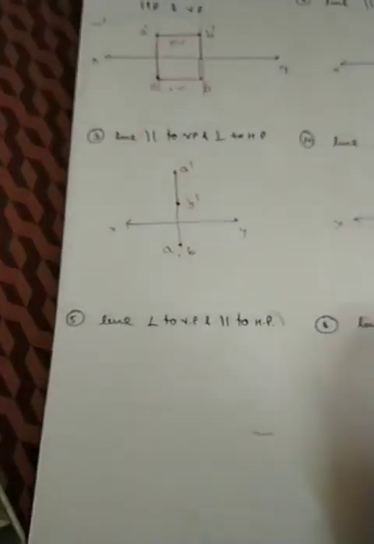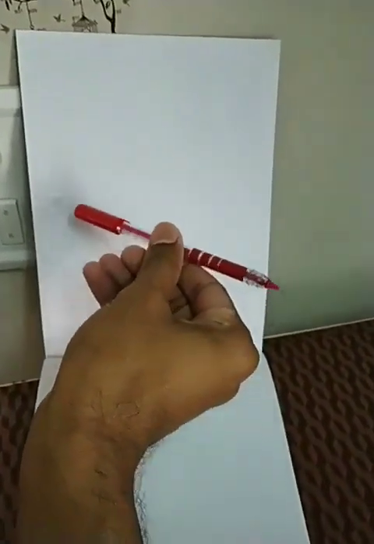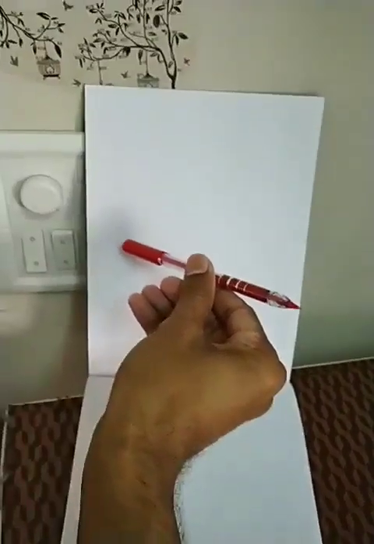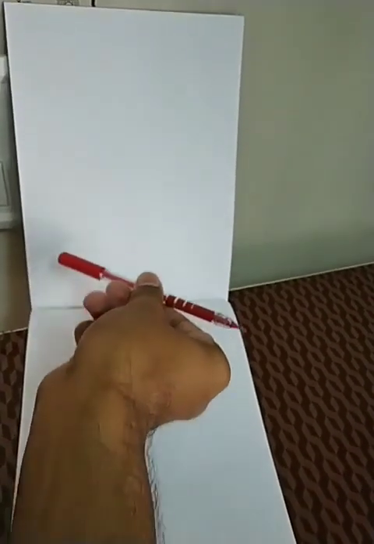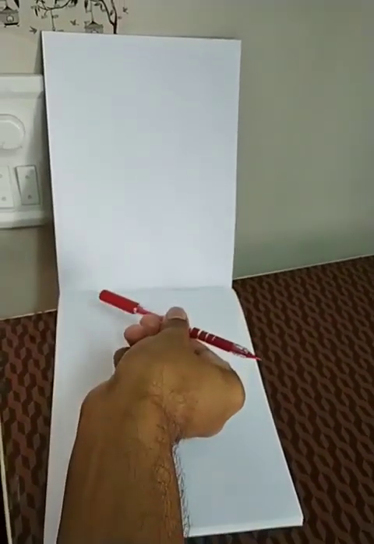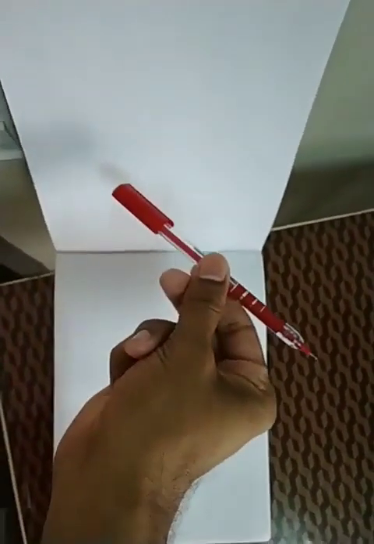Now see the next case, line inclined to VP and parallel to HP. So that case will be placed like this. This line is inclined to VP and parallel to HP. See, this is parallel to HP. So this inclination can be seen in the top view. So if I'm making the top view, this top view will be seen at the bottom.